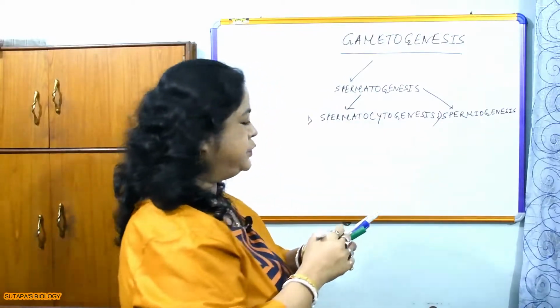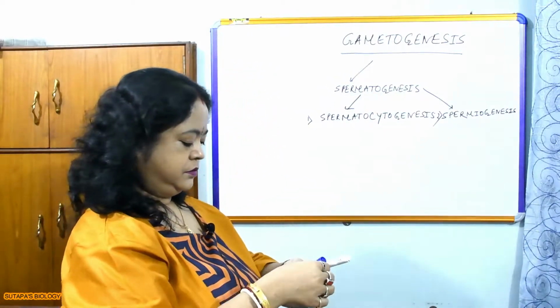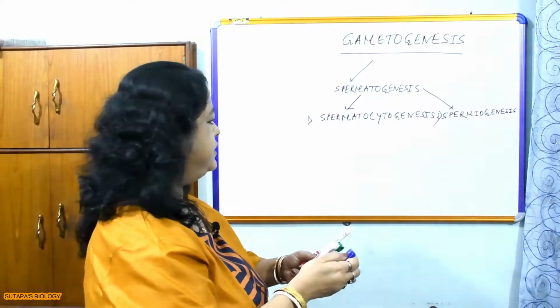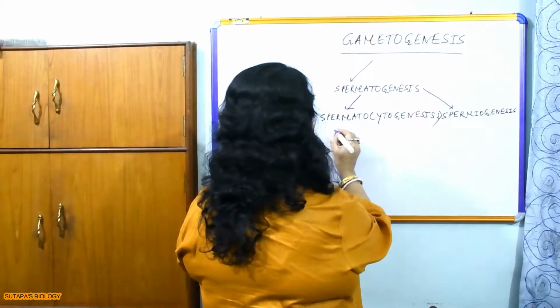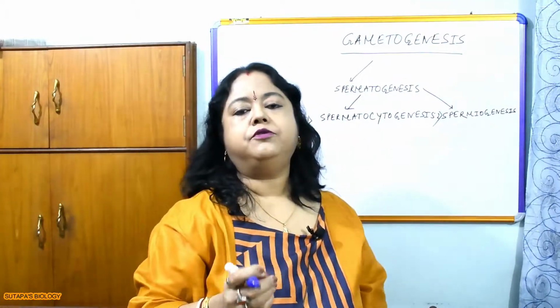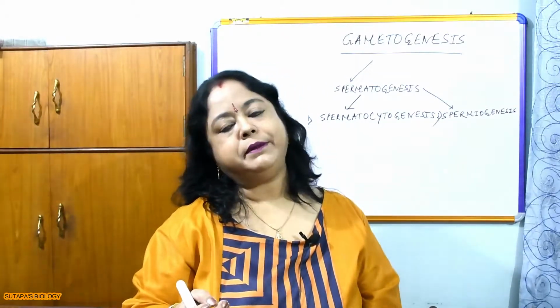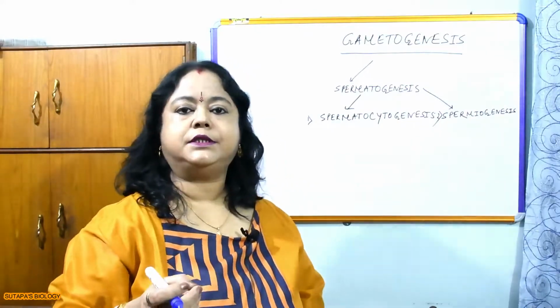In spermatocytogenesis, what takes place? That is the formation of spermatid from spermatogonium, the first cell, that is the 2n or diploid cell from which the sperms are produced. Those are known as spermatogonia, and sperms are n or haploid. All the gametes are n or haploid.